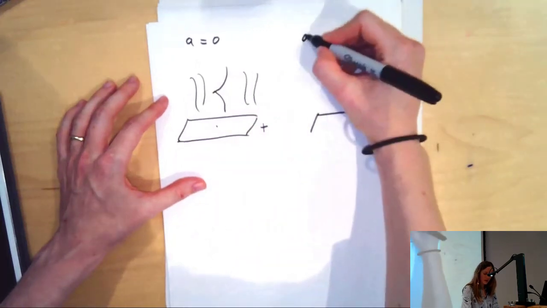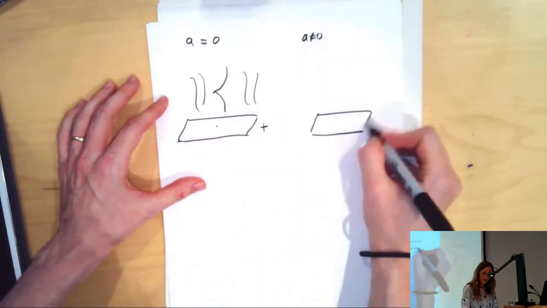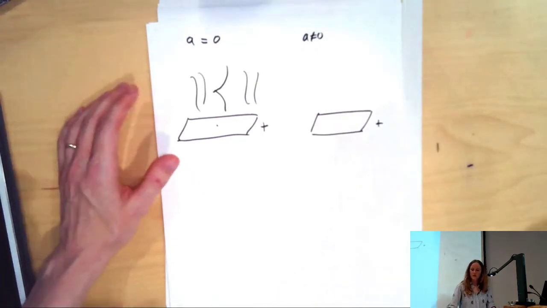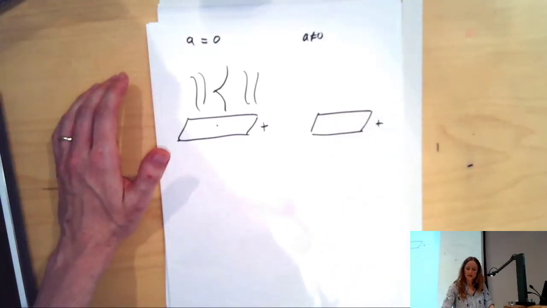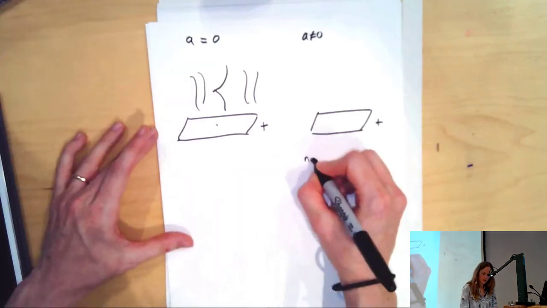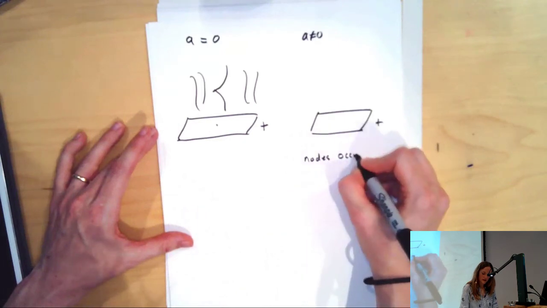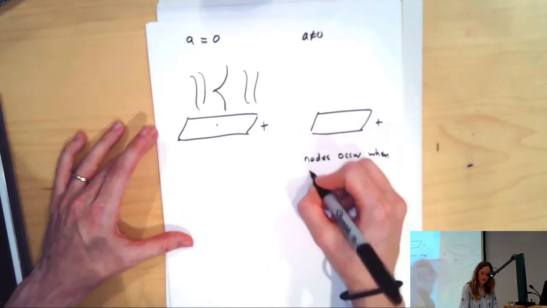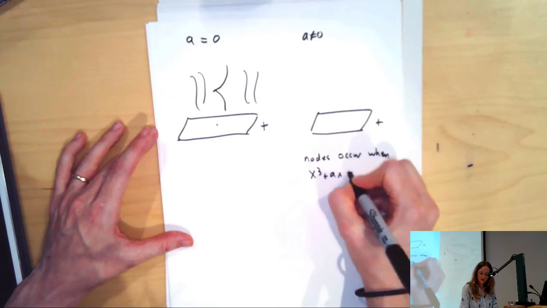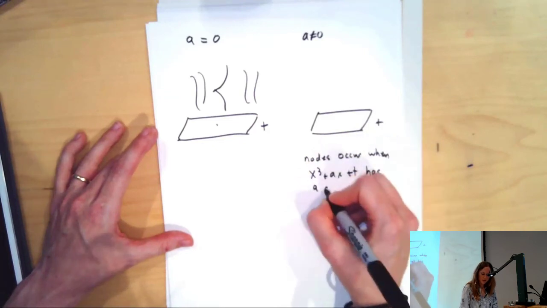And when a is not equal to 0, here's the t line. Well, then we have nodes exactly when x cubed plus ax plus t has a double root. So nodes occur in this family when x cubed plus ax plus t has a double root.